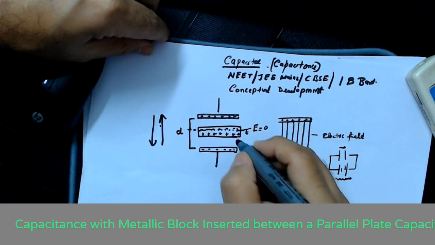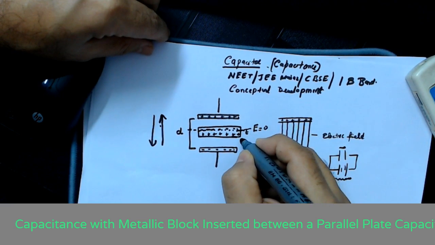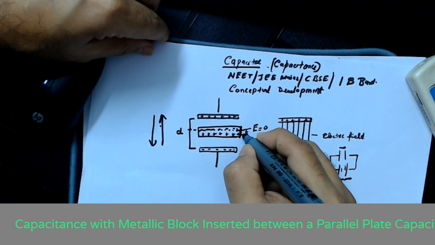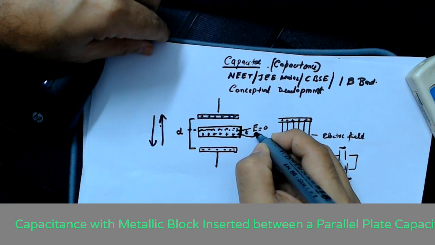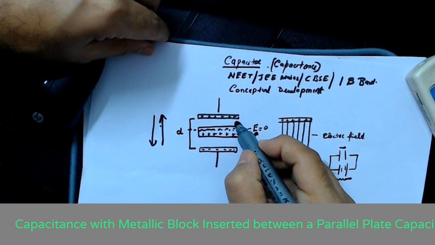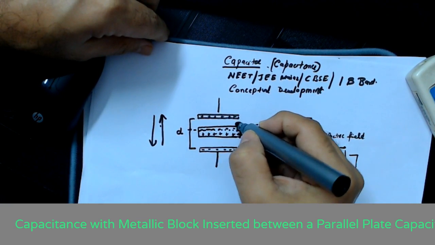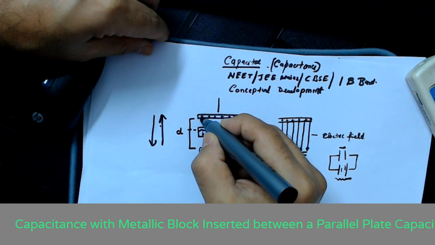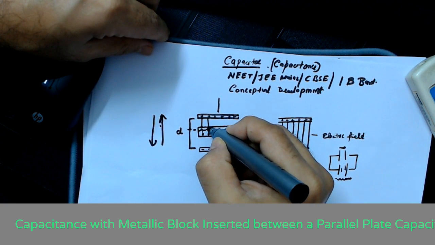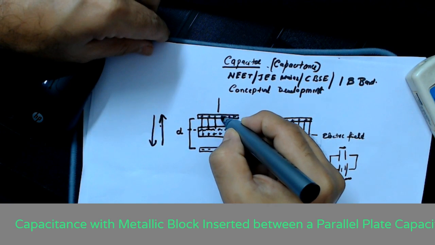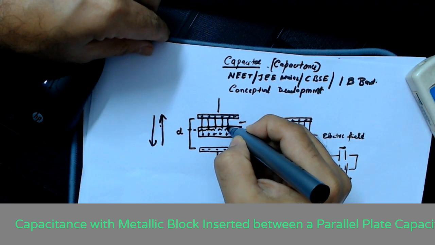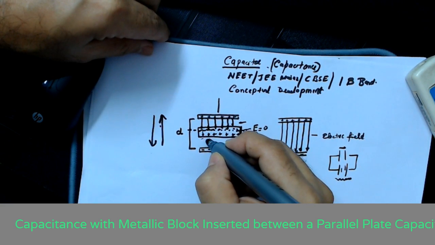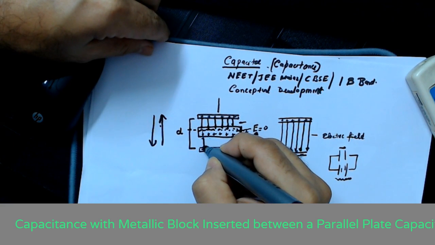The metallic part, this width, has absolutely no electric field, which means the electric field is left only between the remaining parts, where you have plus and minus charges, so you have some electric field here, and you can draw that. Then the electric field becomes discontinuous, it is zero, and then you again have an electric field here.